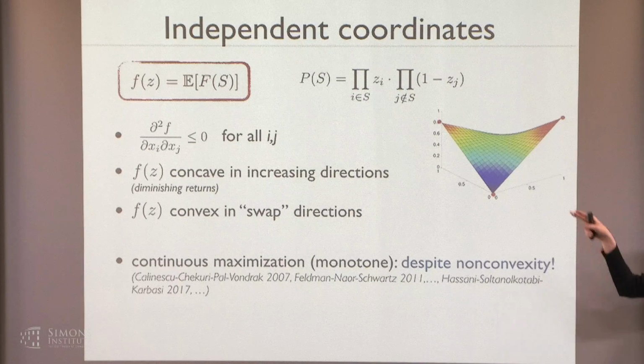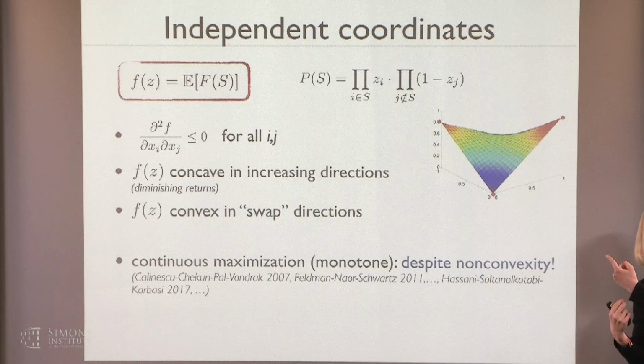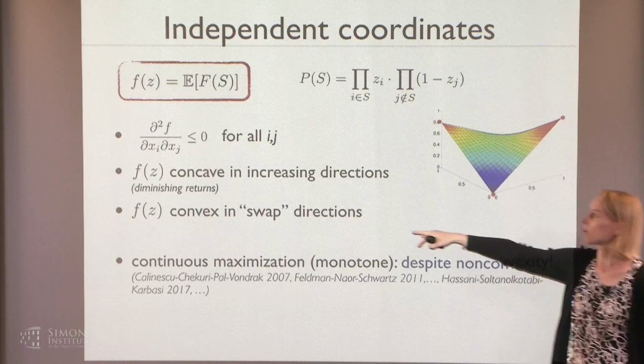Now if you think about it, it's a convex function in this direction along a line. So if you have a convex function, at some point there's always one of the directions in which your function is going to increase. So you can always find one direction along your line, increasing one and decreasing the other, in which you're going to improve the function value. That's the idea behind the rounding here. So that's actually a very important property.